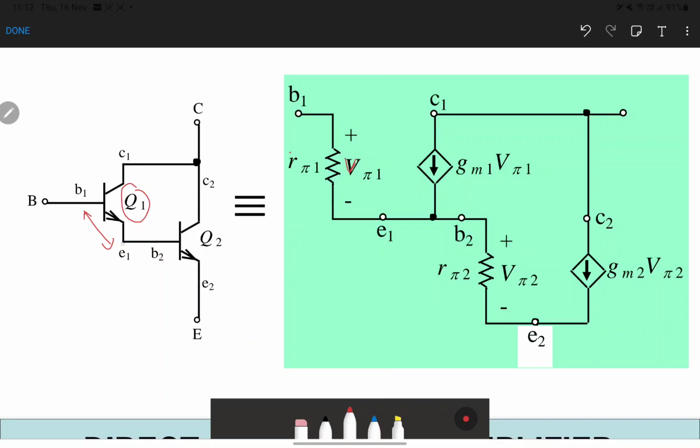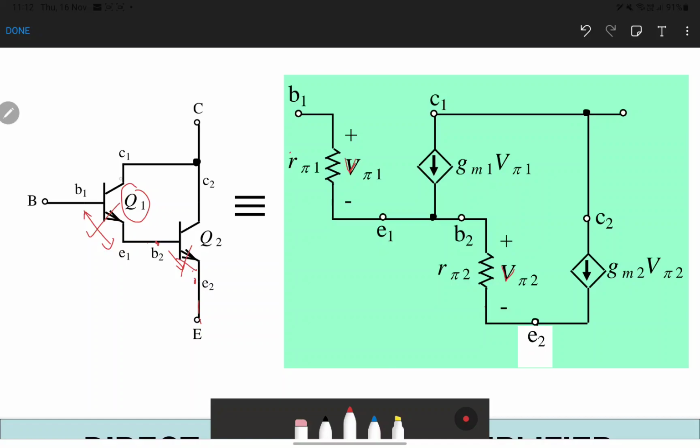Then from emitter 1, it is connected to base 2, which is connected with emitter 2. Between base 2 and E2 we have another r pi, which we call r pi 2, and it has a voltage that we call V pi 2. It is then connected to the end of the emitter leg of transistor 2. This area is also done.